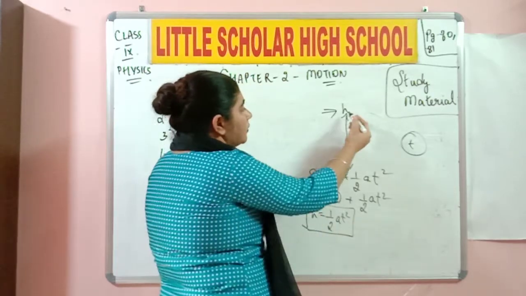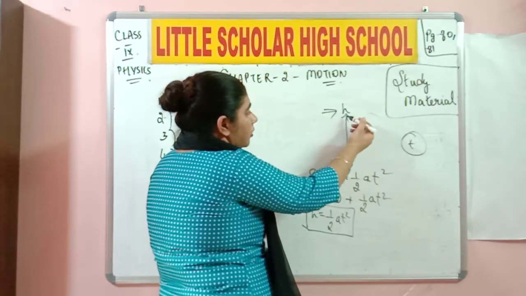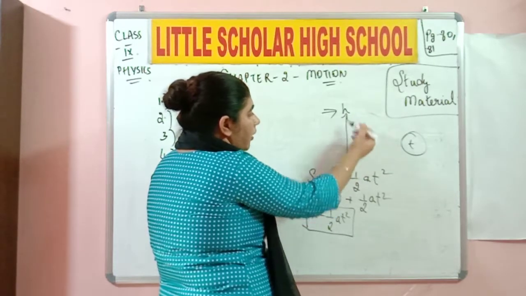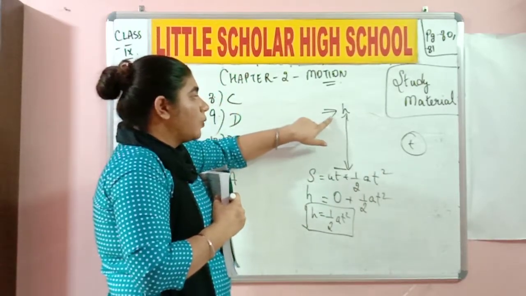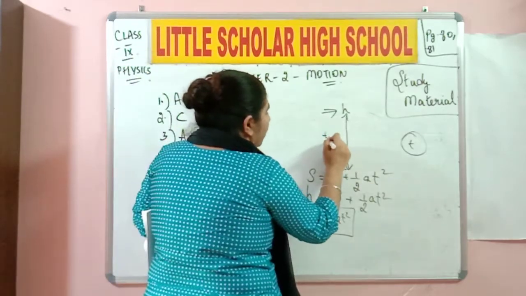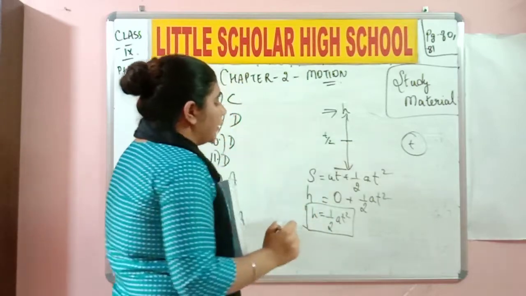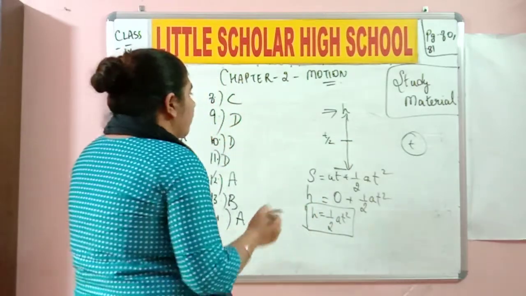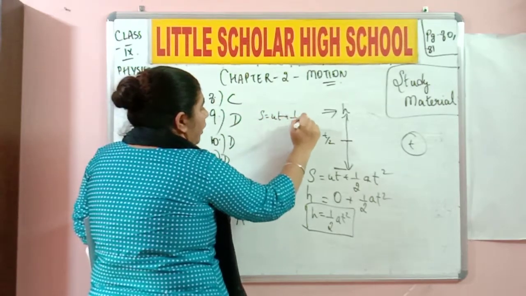Now, once the body has covered a certain length from falling down, okay, this was the position from which it started falling, and once it has covered a certain distance at time t by 2, how much height has it covered, that we need to calculate. How do we do this? We again write s is equal to ut plus half at square.